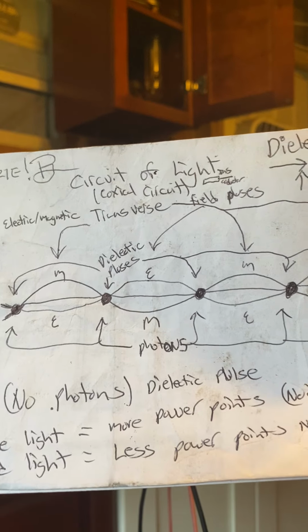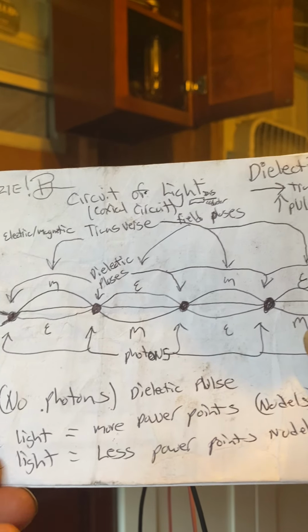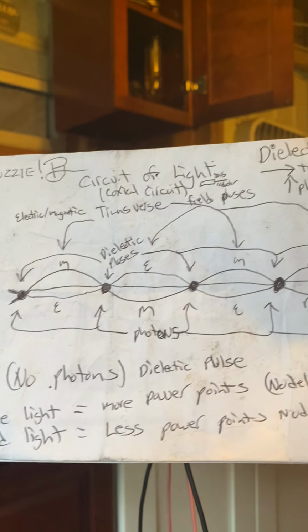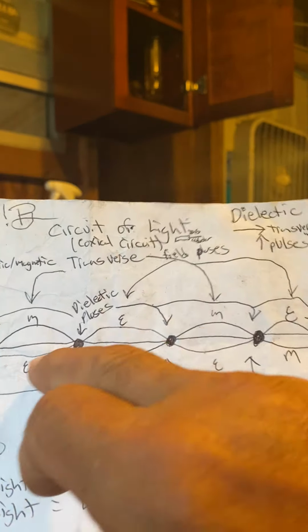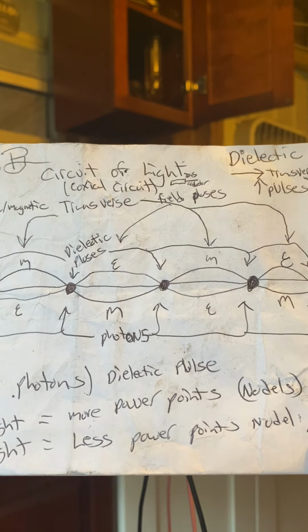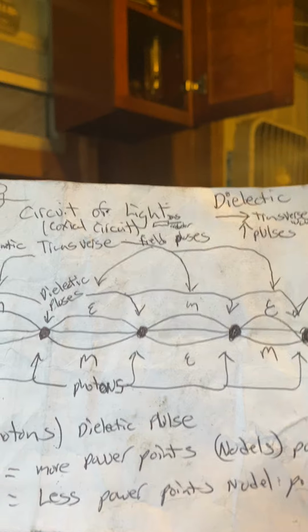A couple things I'll bring up here in color of the light, that blue light has more nodal points in it, than red light has less nodal points.